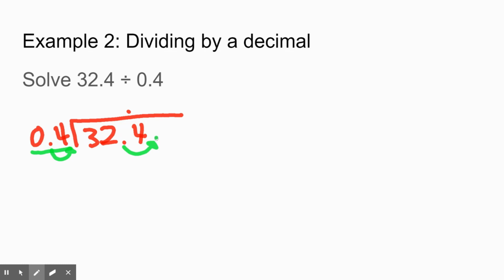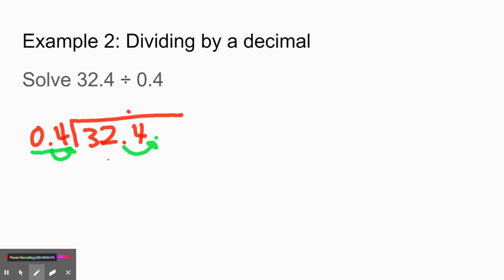And if we multiply or divide, in this case we're multiplying, our values by the same amount of tens, we're not actually going to change the problem. It'll stay the same, it'll just make it easier for us to solve.